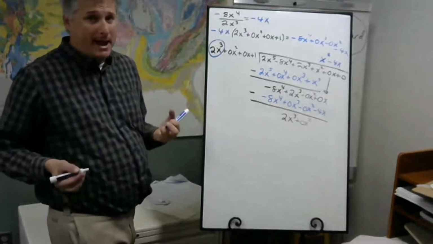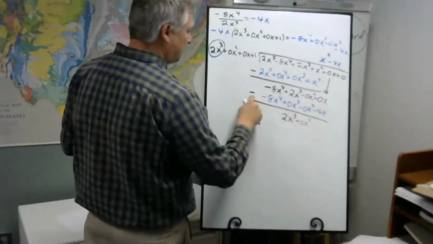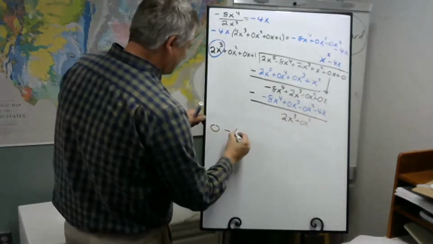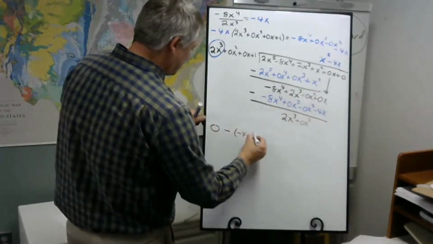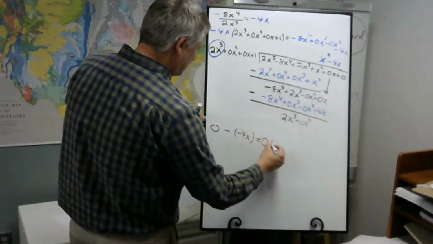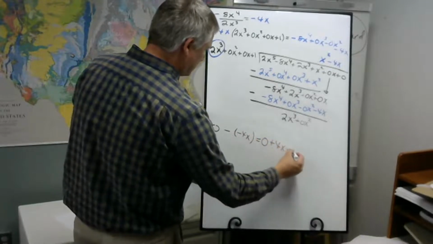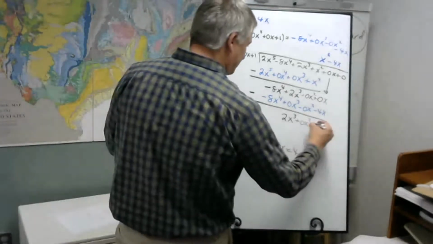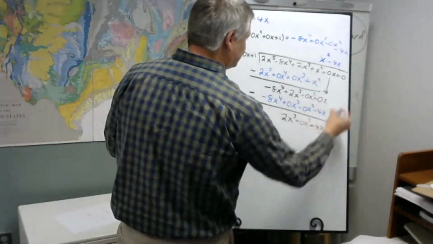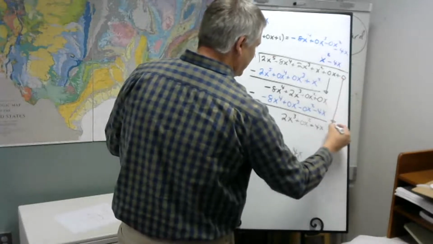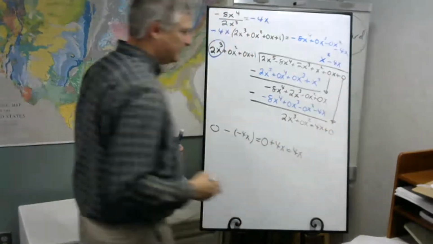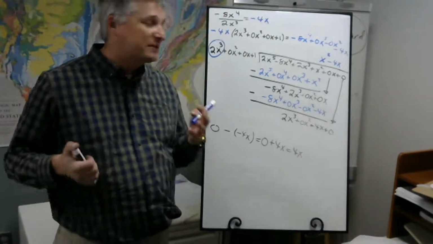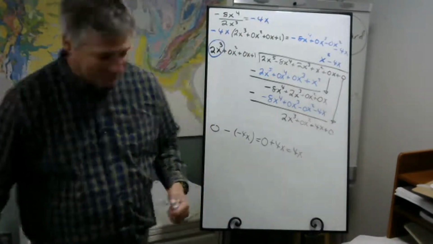Again, we're trying to avoid a gap. 0 minus a negative, what's going to be positive 4x? And we bring down the next one, plus 0. And then that's our second cycle of division.